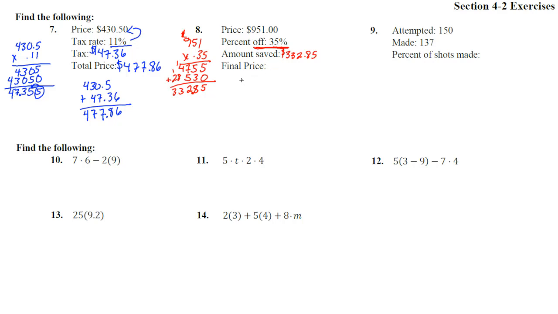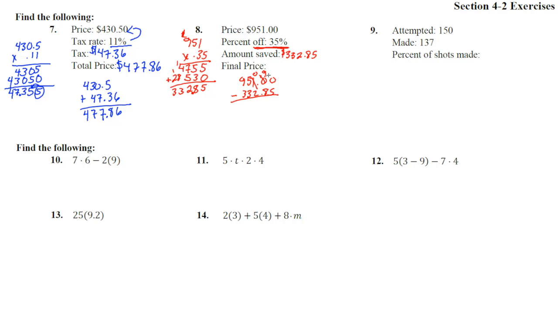So now let's find out the final price by taking 951 minus 332.85. And right now you can see that those zeros are going to be very important in doing all the borrowing for the subtraction. So we've got the strongest on top. So 0 minus 5, it's too small, borrow from that, nope. 0 minus 8, too small, borrow from the 1, that's now a 0, that was a 10.